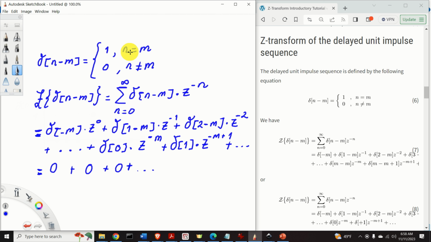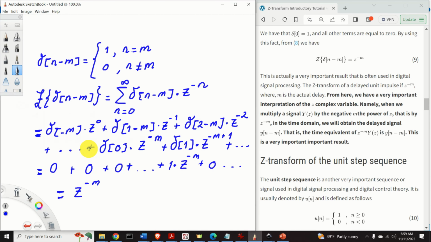This is because when n is equal to m, delta of n minus m is equal to 1. So I will have 1, and over here I will have z to the power minus m. And by using this definition, we can conclude that all other terms will be equal to 0. And consequently, the z transform of our delayed unit impulse sequence is z to the power minus m.